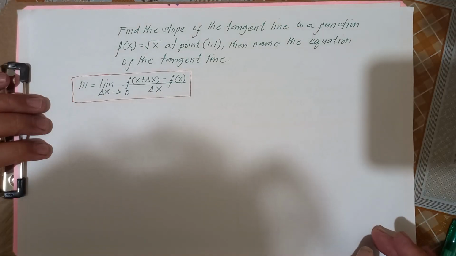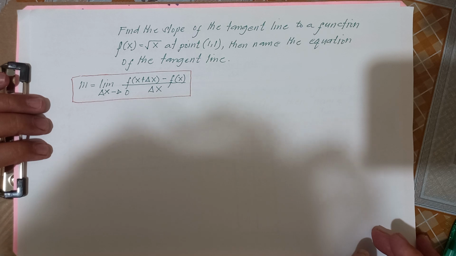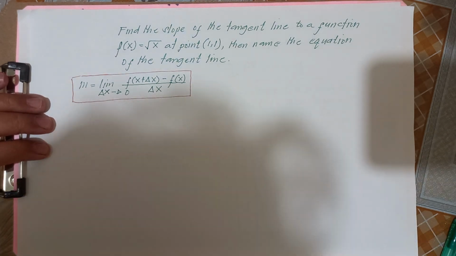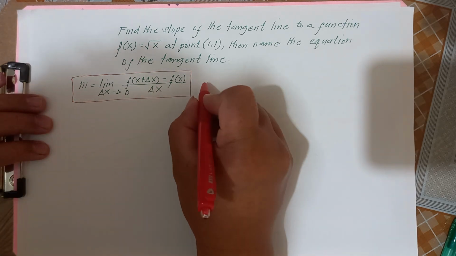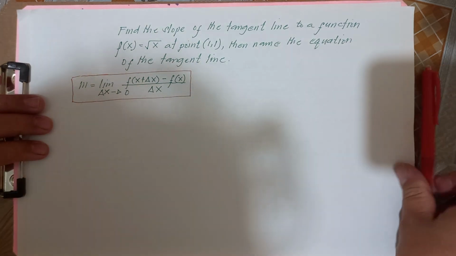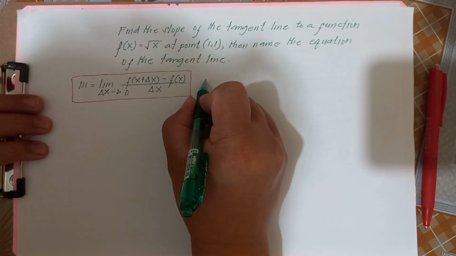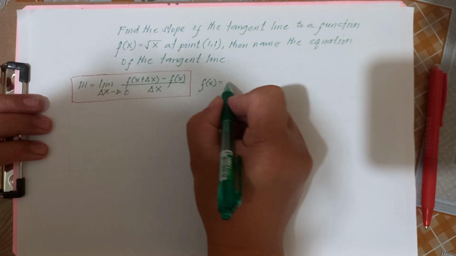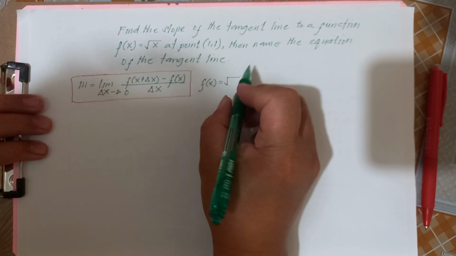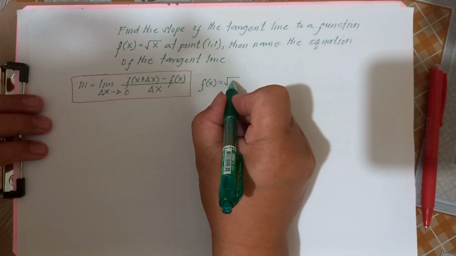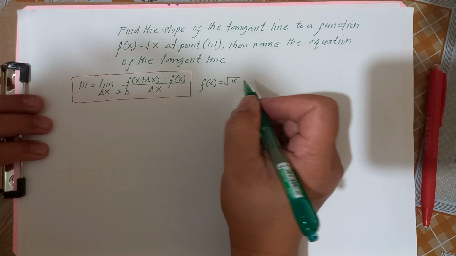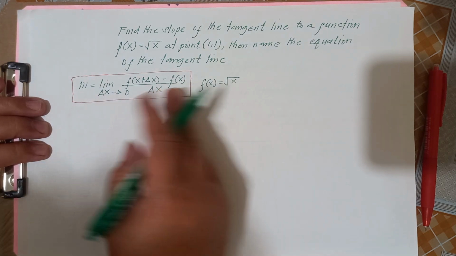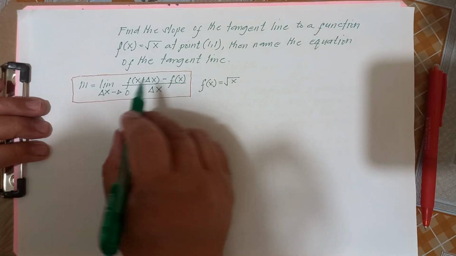Now to look for the slope of the tangent line, we have to consider our function. Our function in here is f of x, and f of x is equal to the square root of x.